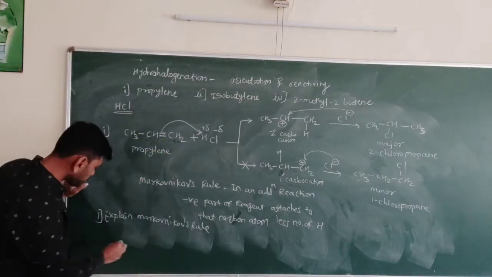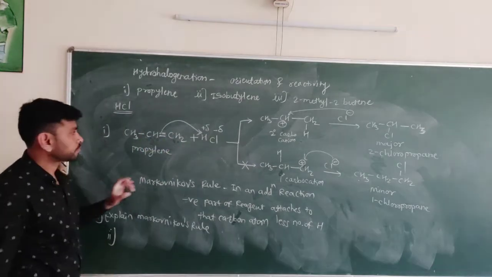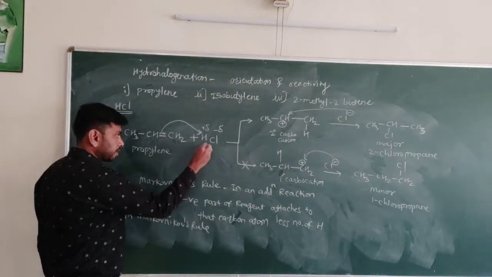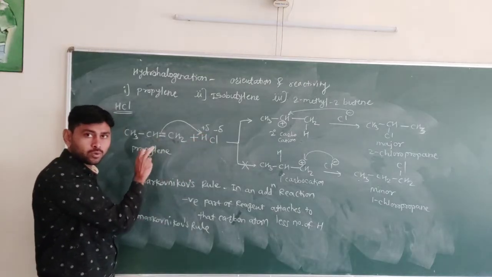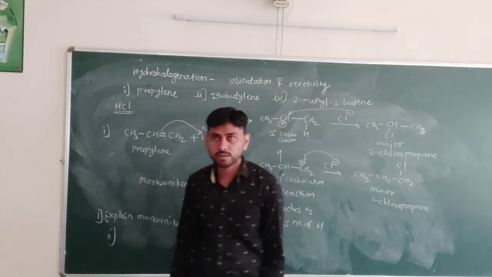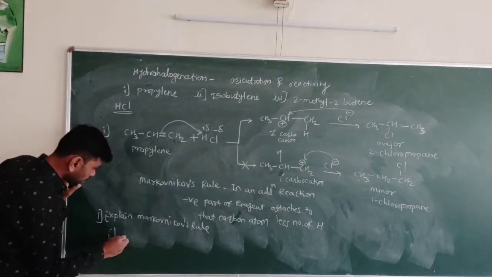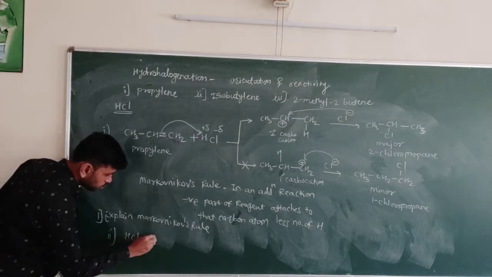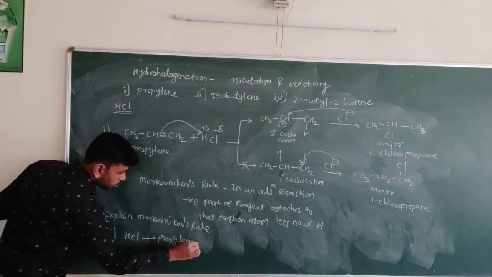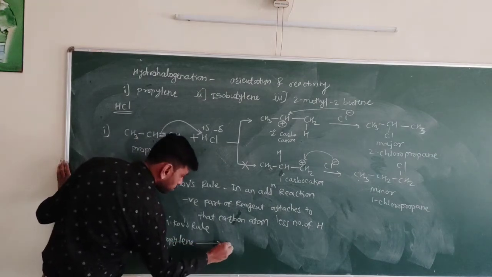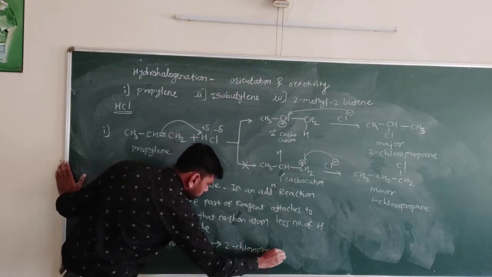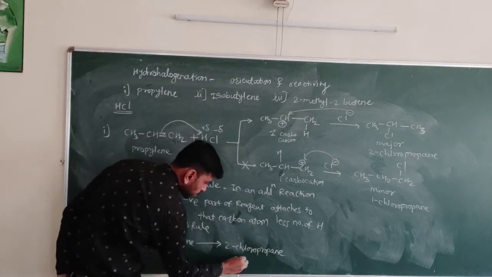Another type of question they ask: in the addition of HCl to propylene, we obtain 2-chloropropane as a major product. Why? Explain.